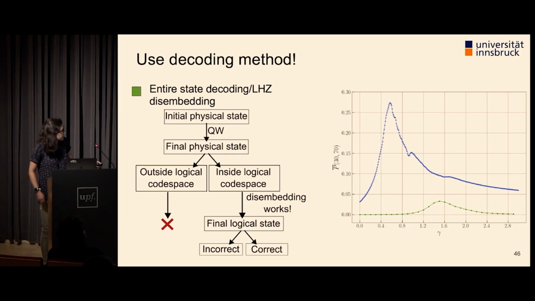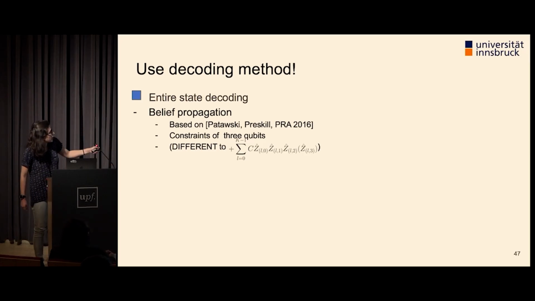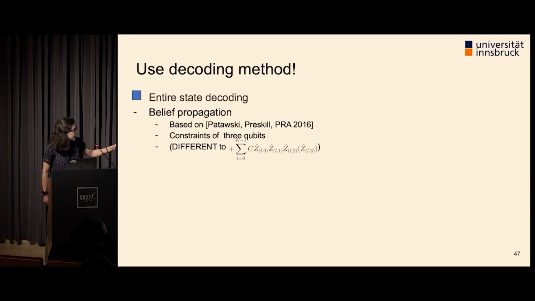Okay, but we want to be a bit cleverer than this, so we introduce another decoding method. The first decoding method that I looked into was this belief propagation decoding, which was originally introduced in this Priestley and Co. paper here. And it relies on constraints of 3 qubits, which are different to the 4 body constraints.